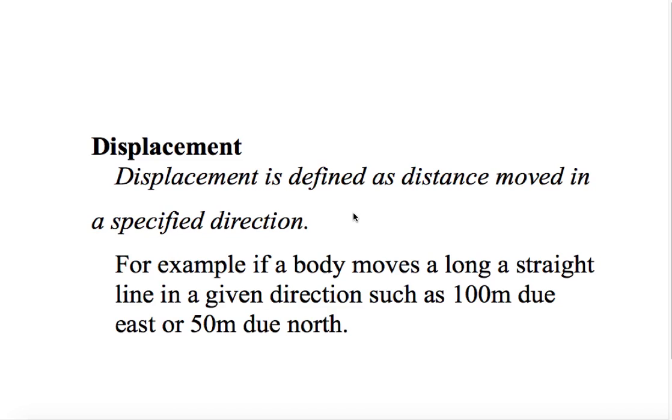For example, if a body moves along a straight line in a given direction, such as 100 meter due east or 50 meter due north, here due east shows direction and due north shows direction, so 100 meter due east or 50 meter due north make it displacement. Just 100 meter is distance, which is not a vector, or just 50 meter is distance. This unit shows length.